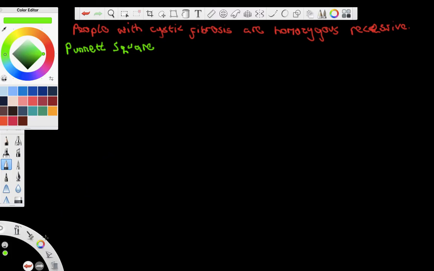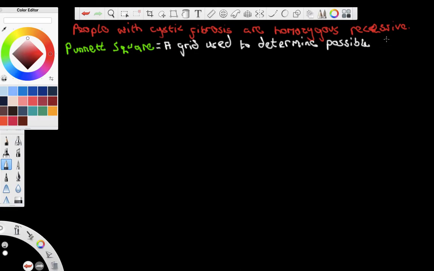A Punnett square can be defined as a grid used to determine possible outcomes of a genetic cross.